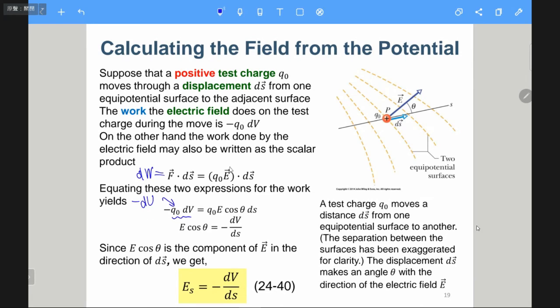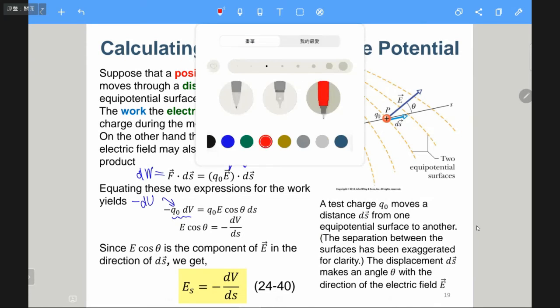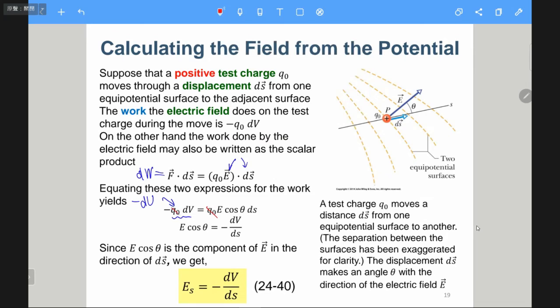And here we try to evaluate this inner product between these two vectors. So it is the magnitude Q0 E times ds, and then times the cosine of the angle between them, which is theta. So now we can just cancel Q0 and Q0.